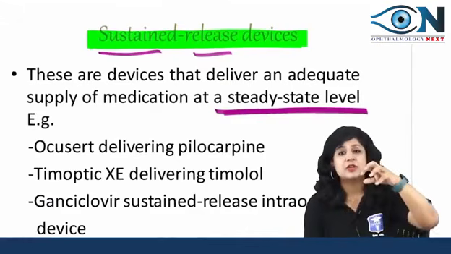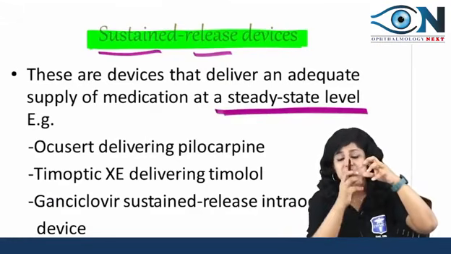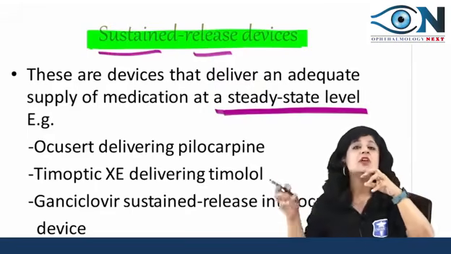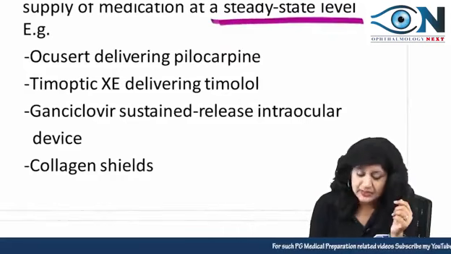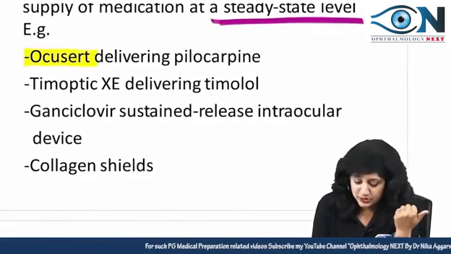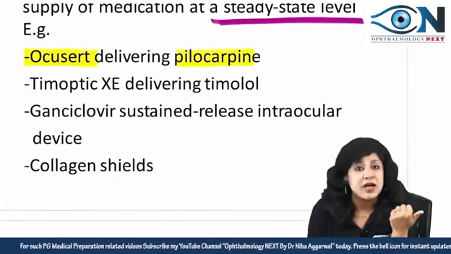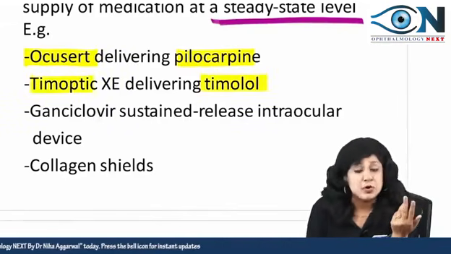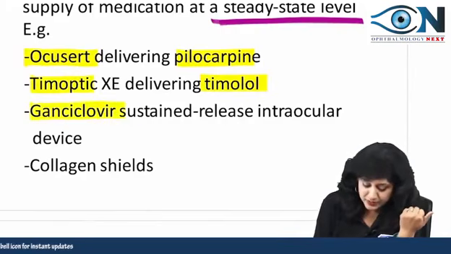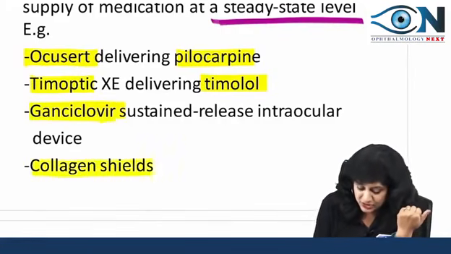So you can give a device inside the eye which is releasing the drug at a constant velocity, slowly and gradually. These are used at a number of places, like we have Ocusert. Ocusert is delivering the pilocarpine. Then we have the Timoptic which is delivering the Timolol. Even Ganciclovir devices are available, collagen shields are available.